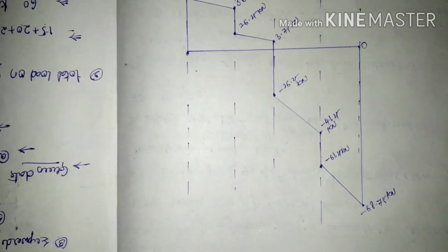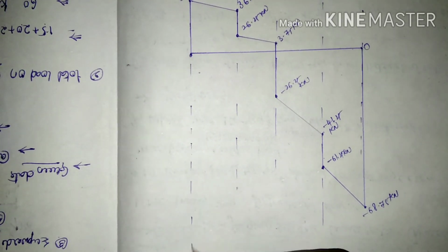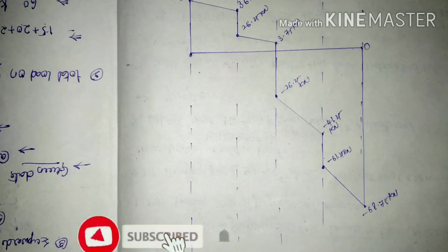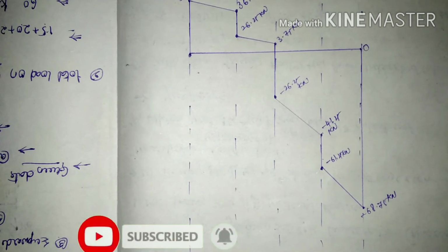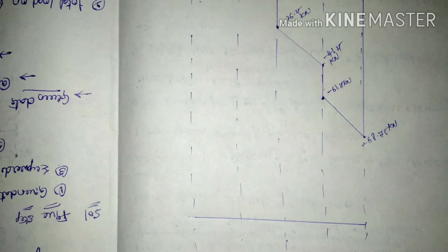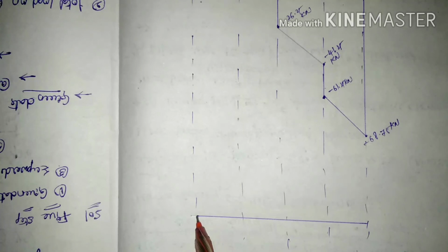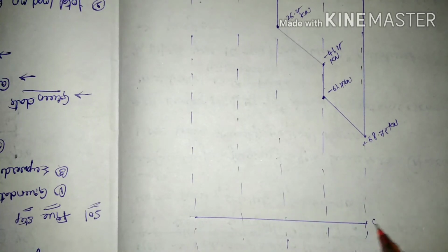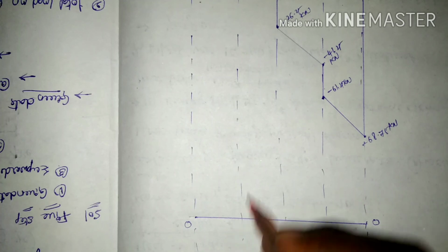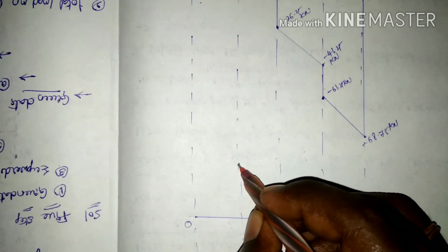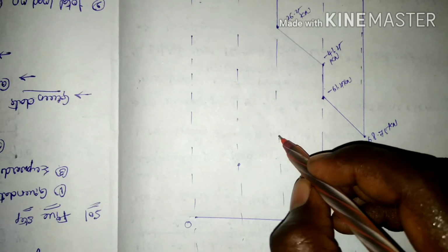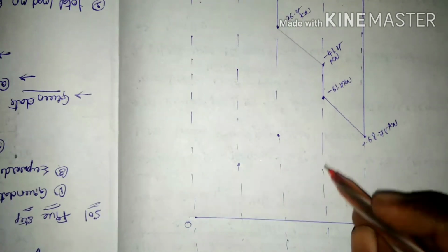Then we are going to draw the bending moment diagram with respect to their points. The moment about A and moment about B is always 0, and we have moment about C as 87.5, and for the moment about D we have 188.75.